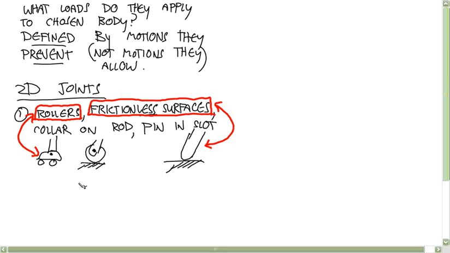A collar on rod, a second definition, is you have something like this, sliding over the rod. Okay, so this collar can slide up and down that rod.